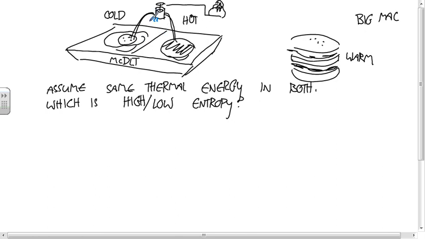So that's low entropy. This one, everything's the same. You can't get any work out of it. So this is high disorder, high entropy.